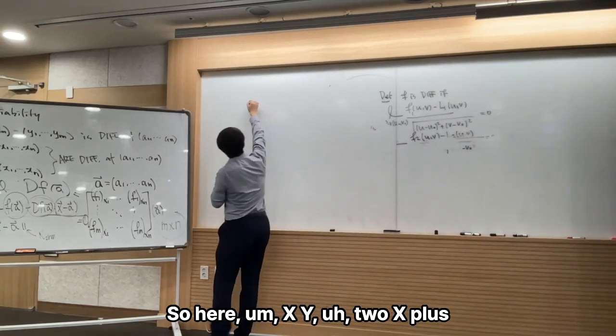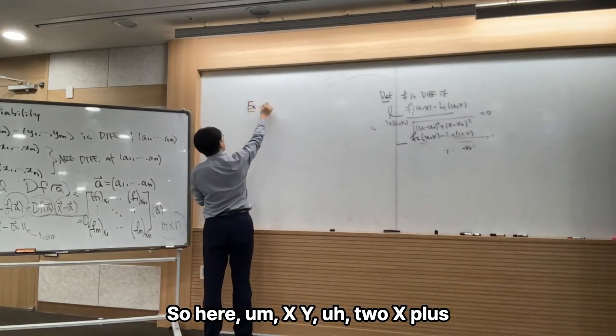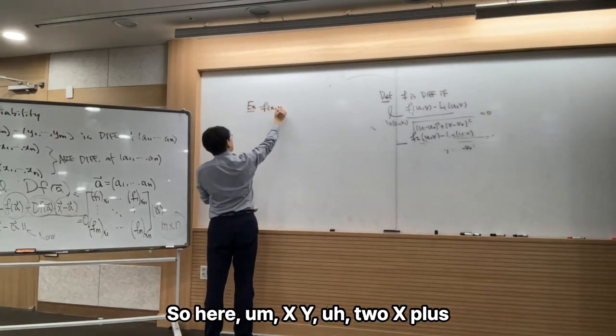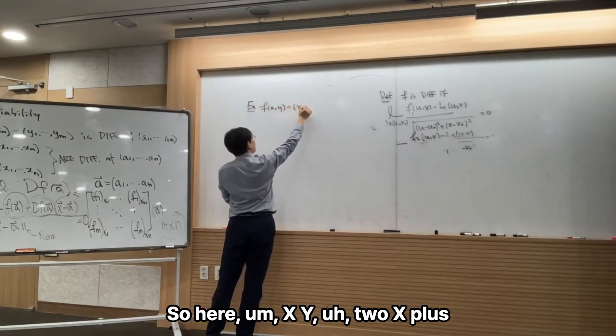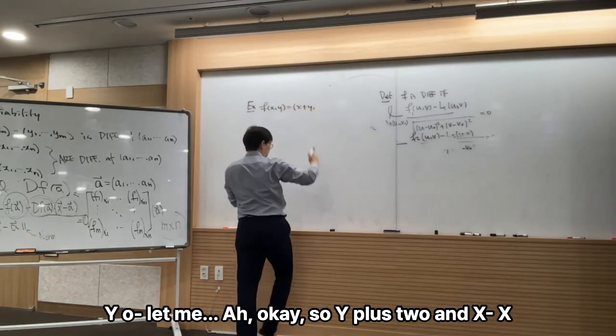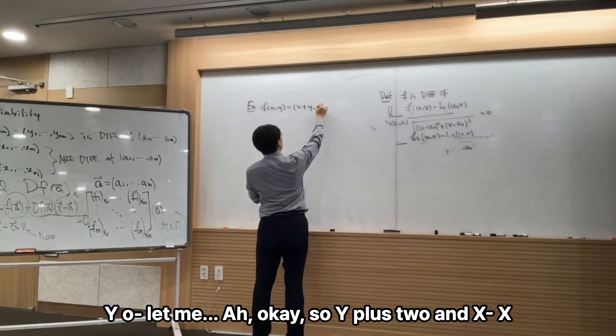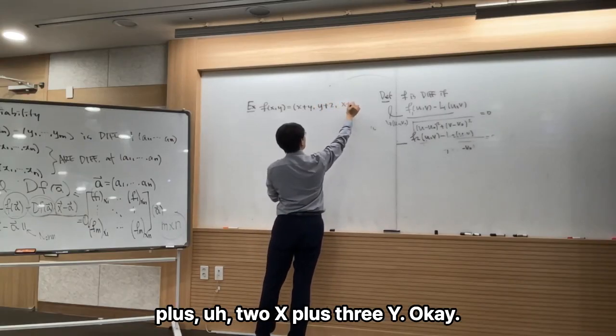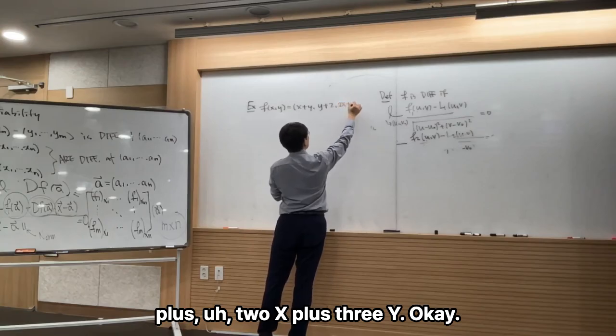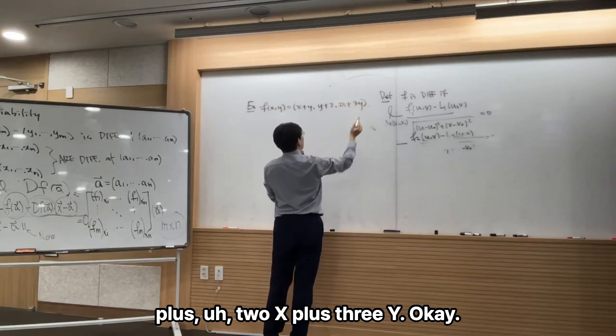So here, (x, y) goes to x plus y, y plus 2, and 2x plus 3y.